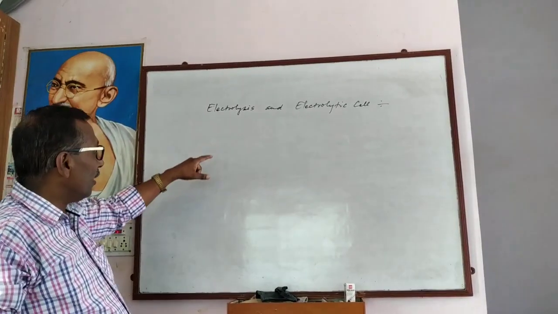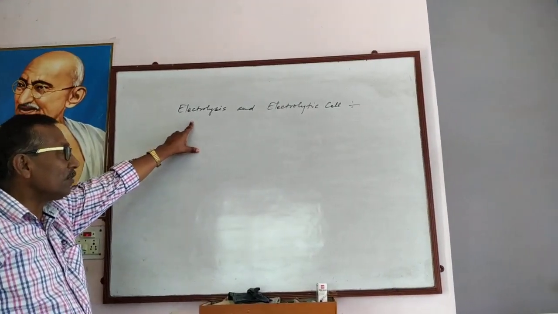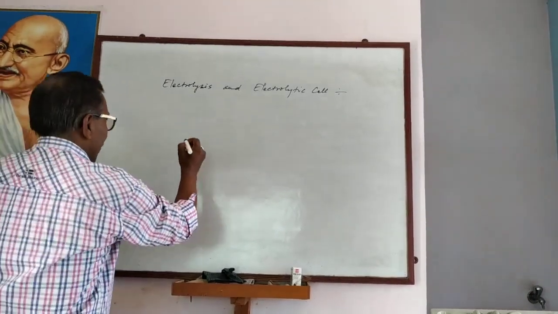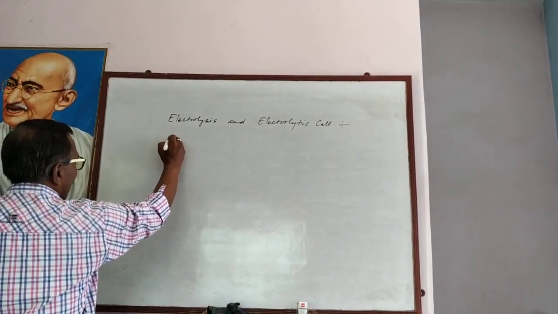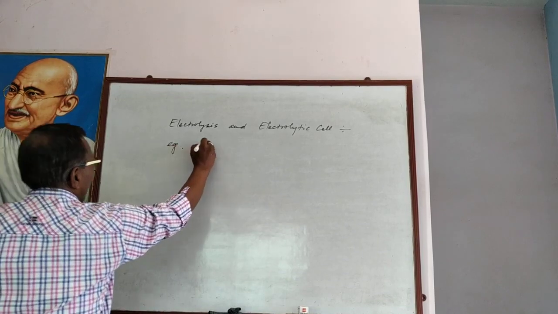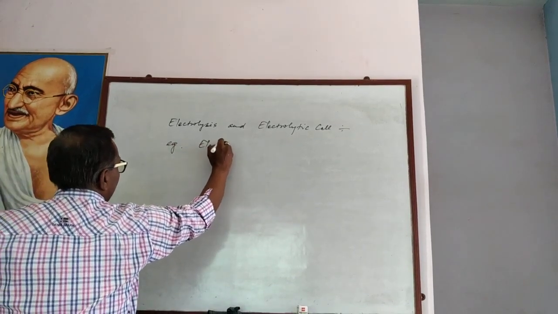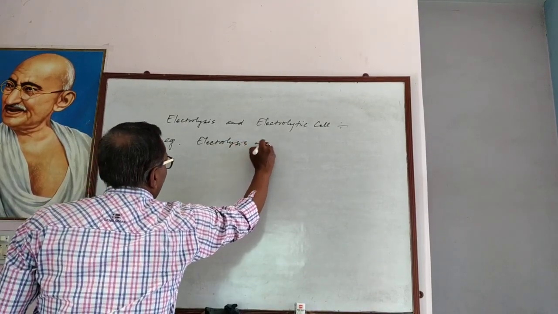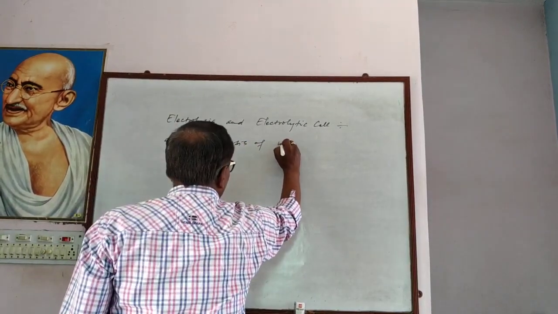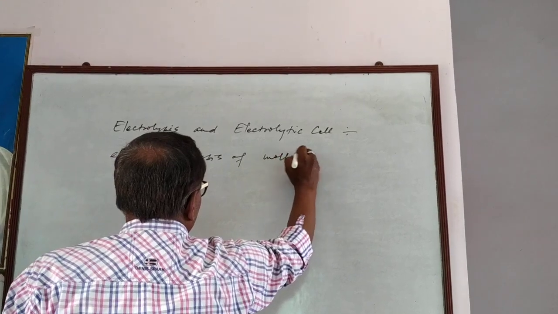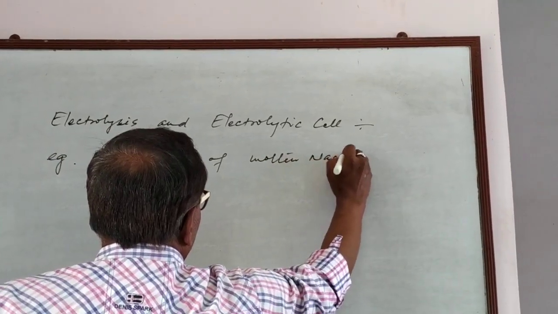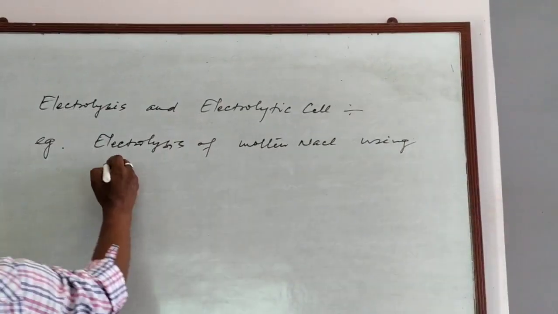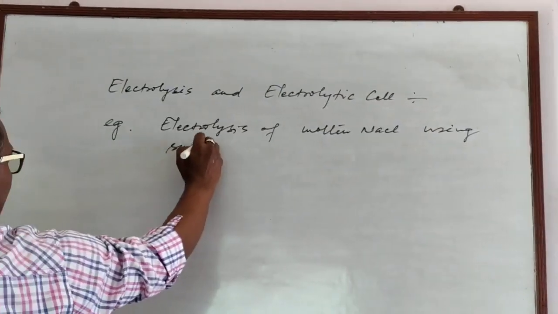Now, how is electrolysis carried out in an electrolytic cell? For this we take one example: electrolysis of molten NaCl using suitable electrodes.